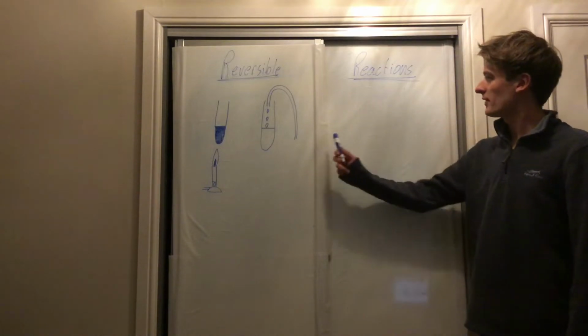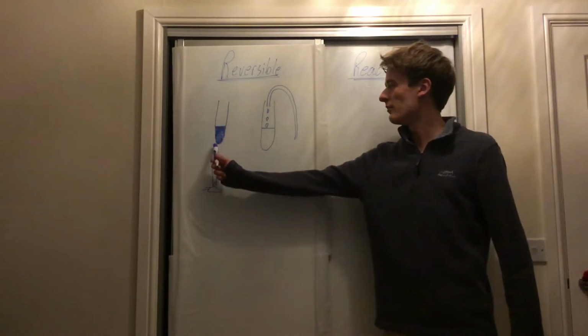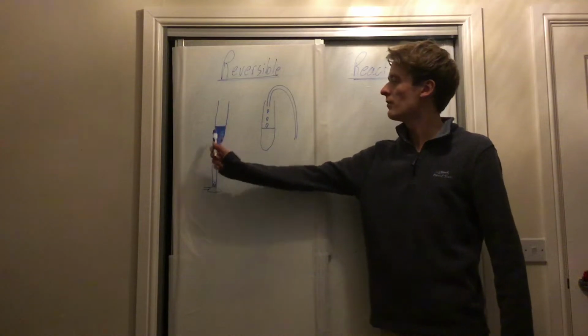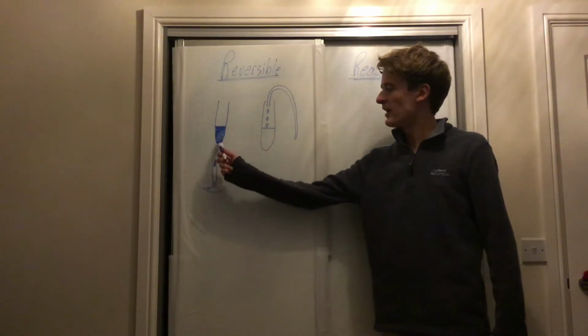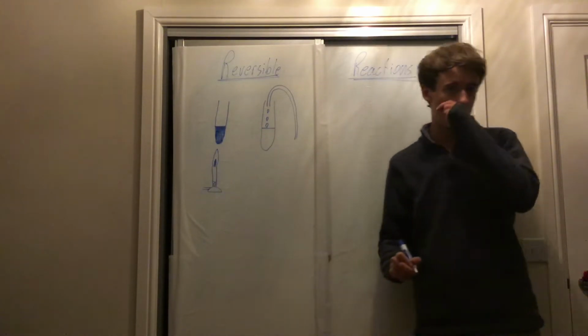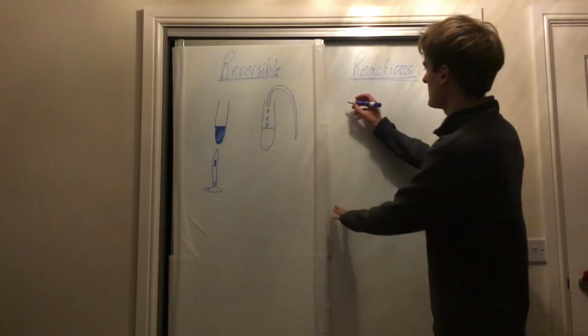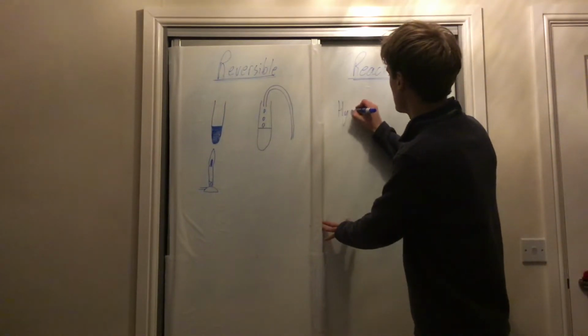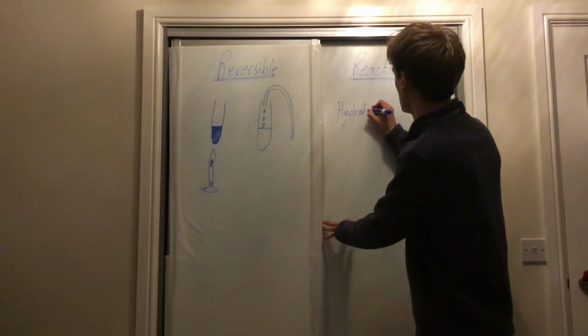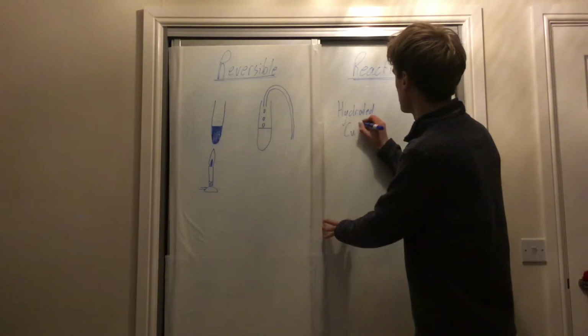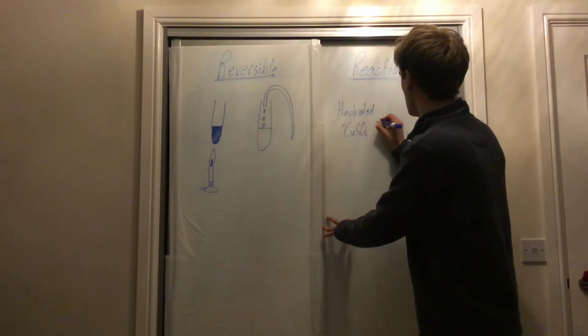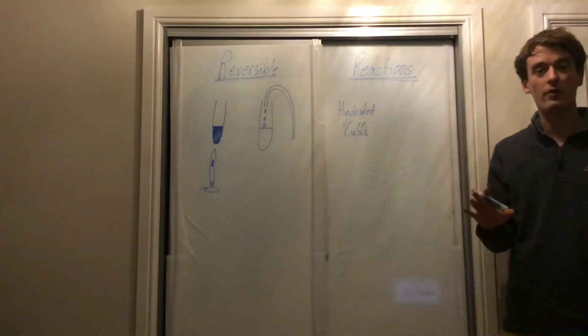So what I've drawn here is a blue powder being heated and turning to a white powder. Now this is looking at hydrated CuSO4. You don't need to worry too much about what that means.